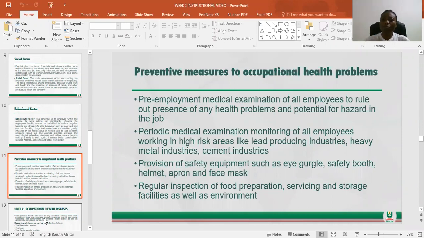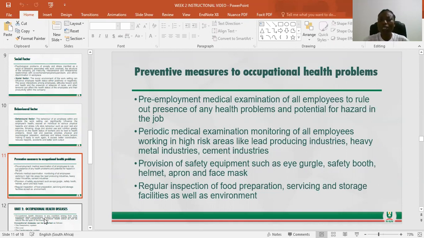Because if at the beginning of the work, this person does not have high blood pressure, and after 6 months of working the person suddenly develops high blood pressure, you want to find out what is causing it. You want to do some investigation. Where is the person working?